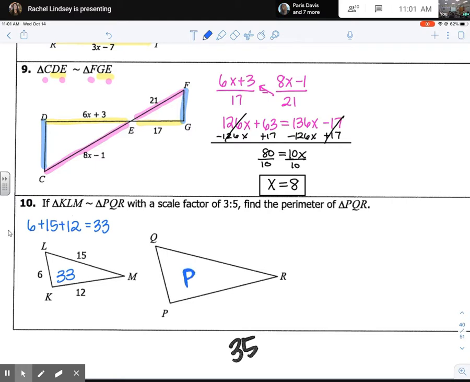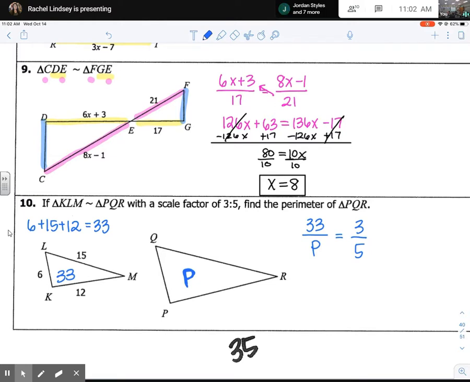So we can set up a ratio, right? 33 over P as perimeters. 33 over P. Small one to big one. And then what's the ratio with the scale factor? It's 3 over 5. Because that has a 3 to 5 ratio. It says scale factor, but that's still ratio.